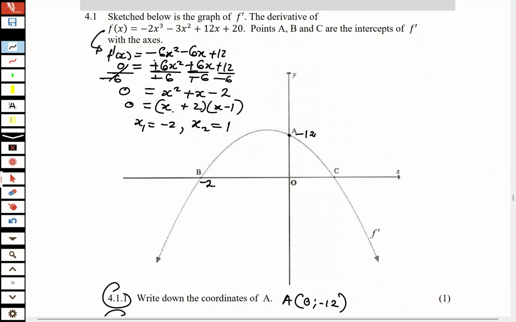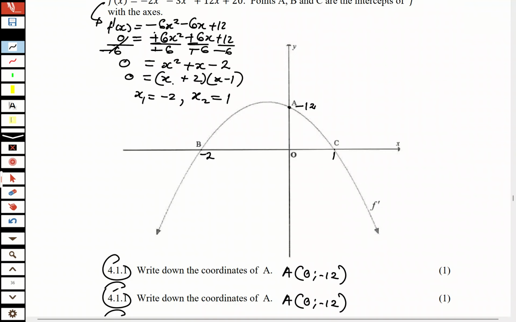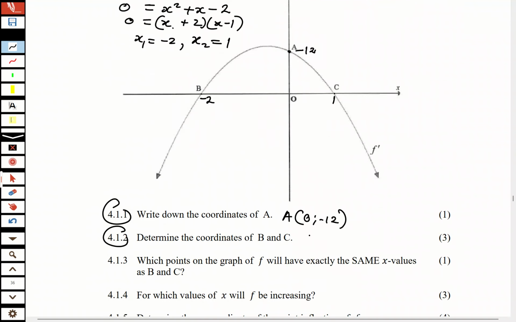So this means at B you have negative 2, and at C you have 1. So you can say B is negative 2 and 0, and C is 1 and 0.